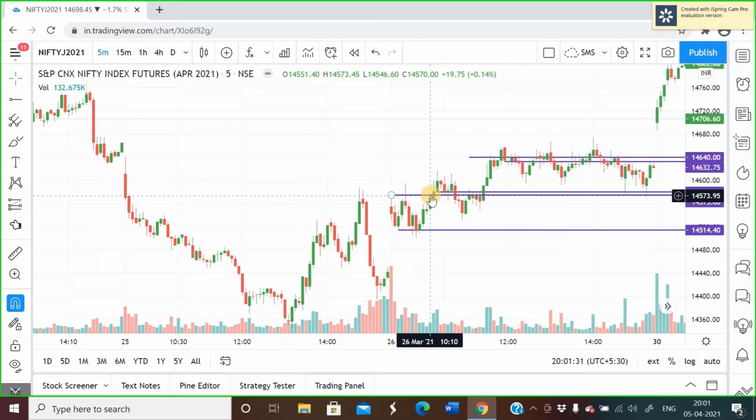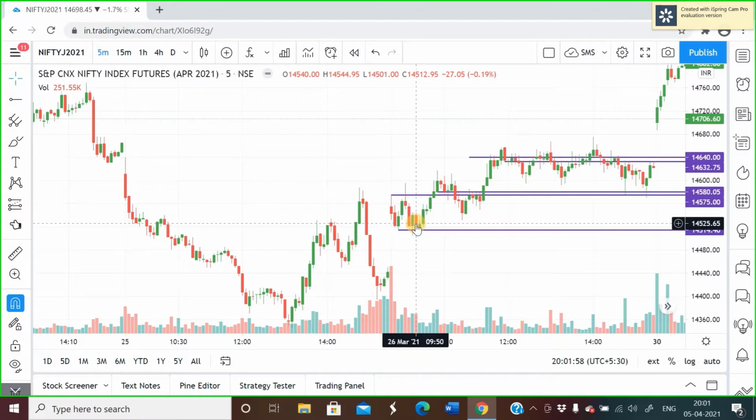Options will have a lot of premium decay if it starts moving in a particular range. But in case of Nifty futures, it's more like a spot price, right? So it's advisable to trade less quantity, but yes, your success rate and your chances of making less losses will be better.